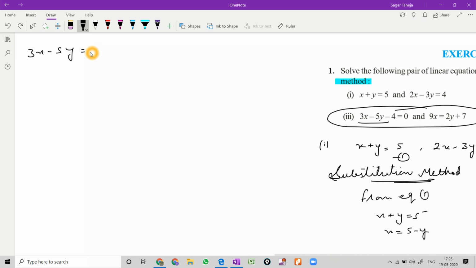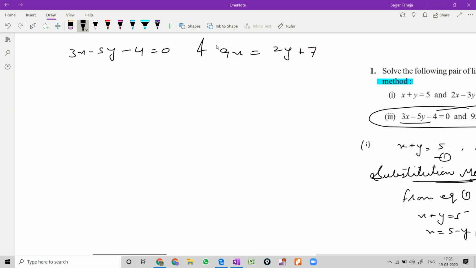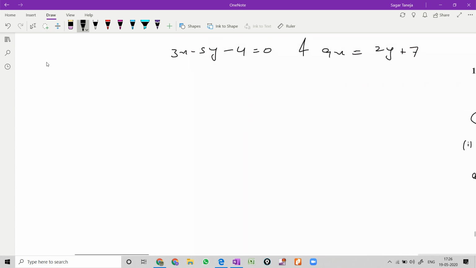Or we can write like this, the way it is written here, 3x minus 5y minus 4 is equal to 0, and the second equation is 9x is equal to 2y plus 7. So in this question I am solving it by substitution. You can solve by substitution method, and elimination also I have told you now.